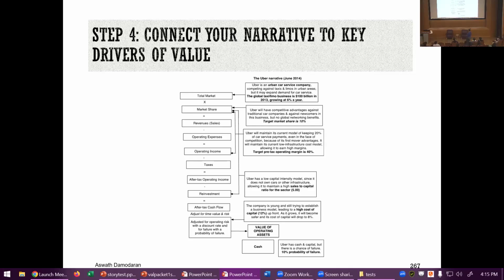And finally, before I go to risk, for the reinvestment, since they don't own the cars, they should be able to grow with relatively little reinvestment. Platforms, maybe computers. So I gave them a sales to capital ratio of 5, which is twice the average for US companies, saying, hey, this is a low capital intensity company. It can grow with very little reinvestment.